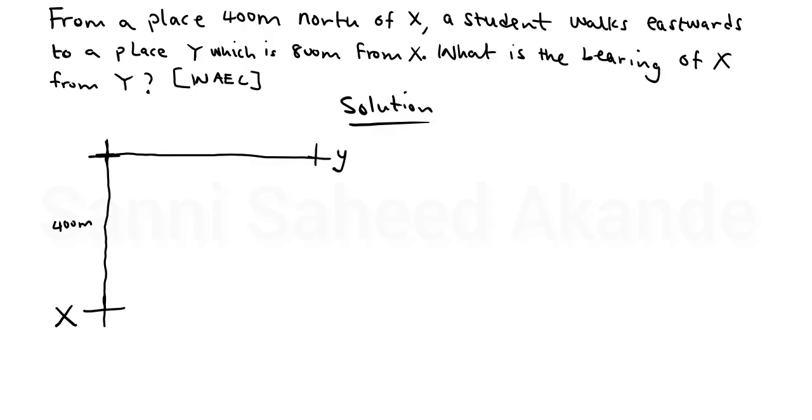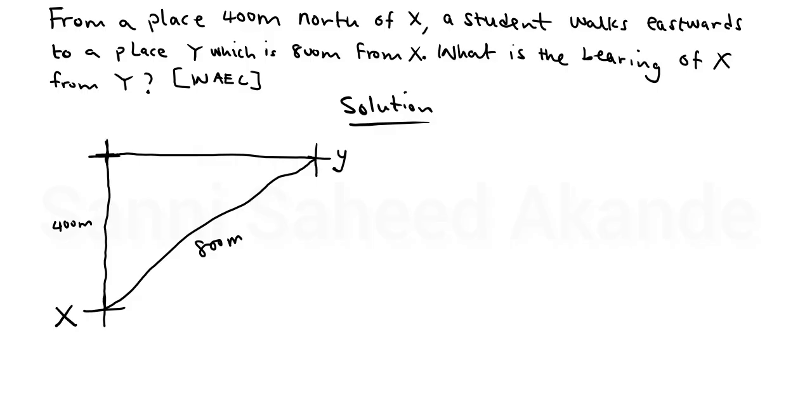And which is 800 meter from X. So this point Y now is 800 meters from X, meaning that if I join it to this point, sorry for this line, it's not straight, but this is what it is actually. And they said this line is 800 meters. Now, what is the bearing of X from Y?